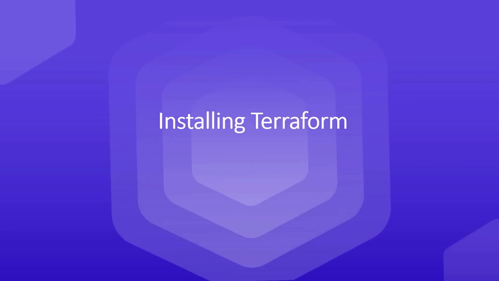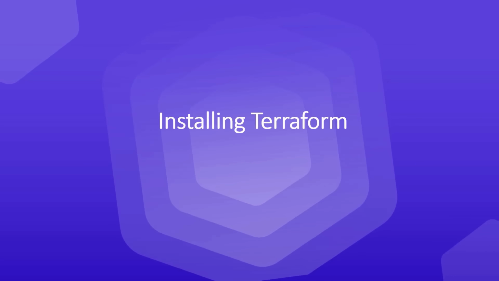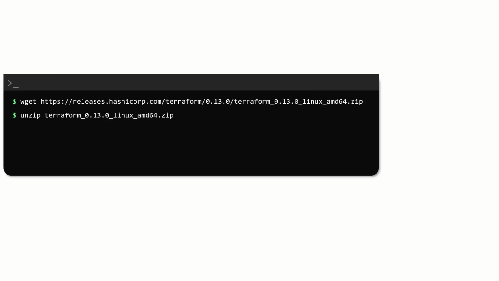In this section, we will learn how to install Terraform. Terraform can be downloaded as a single binary or an executable file from the Terraform download section on www.terraform.io. Installing Terraform is as simple as downloading this file and copying it to the system path.